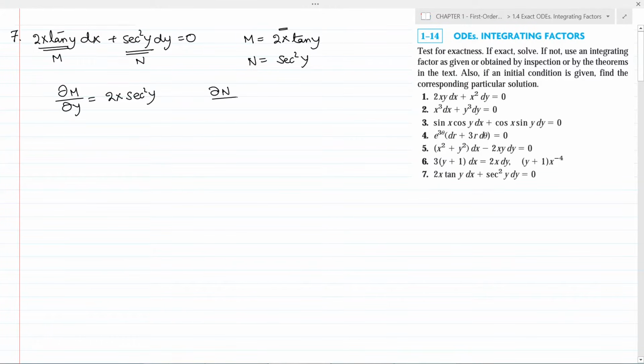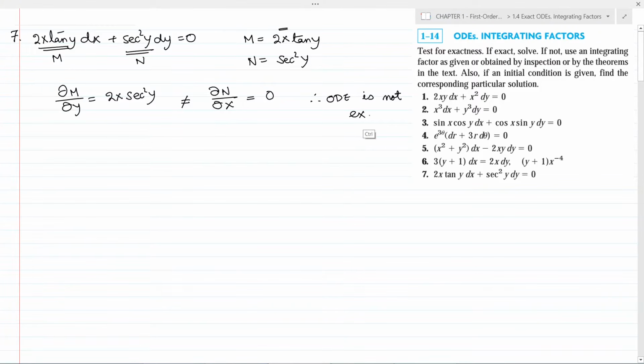Similarly, we can calculate del N by del x, which is equal to 0, because for partial differentiation with respect to x we have to assume y equal to constant, and if y is constant, then sec square y is also a constant and its derivative equal to 0. Now we see that del M by del y is not equal to del N by del x. These two are not equal. Therefore, the ODE is not exact.